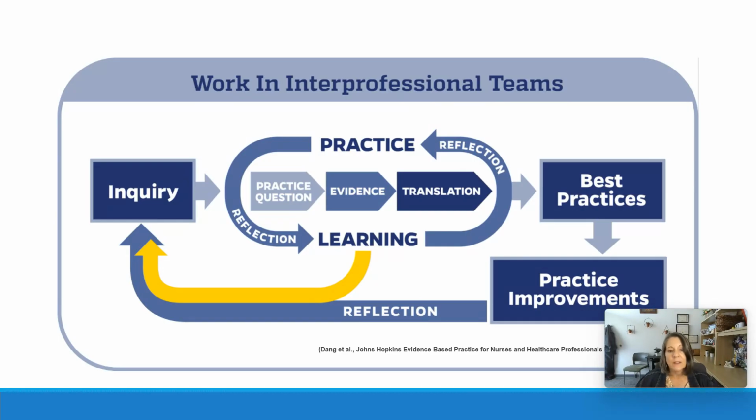We reflect on that. We look at our learning. Then we're looking at the evidence in practice, which is what we've been doing this semester with our evidence searching. From that, we gather what we know about what our best practice is. What do we want to implement for our own practice improvement? Reflect on how that's going, which might create another inquiry question, and begin the cycle all over again.